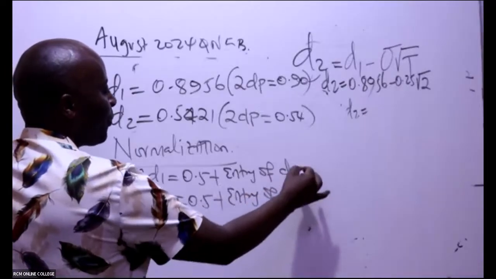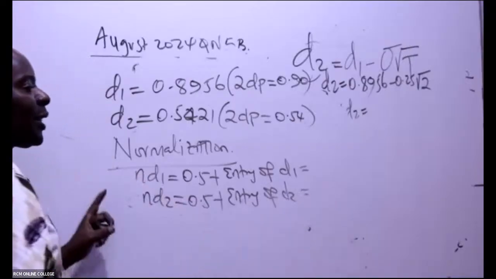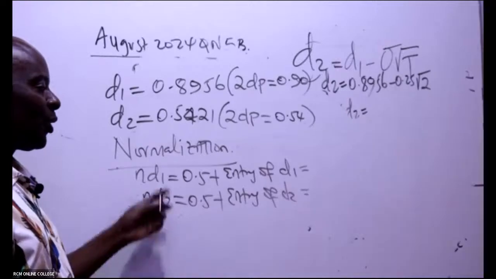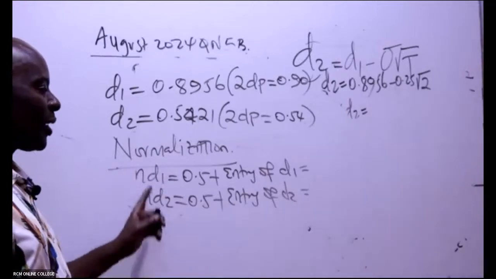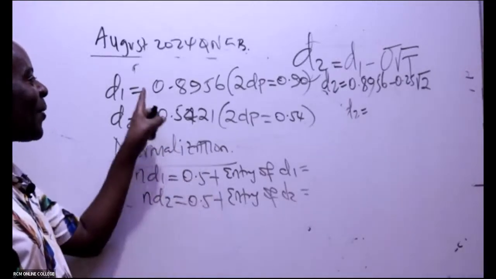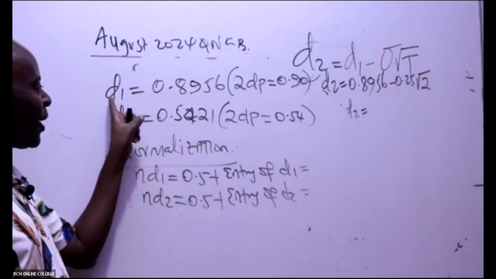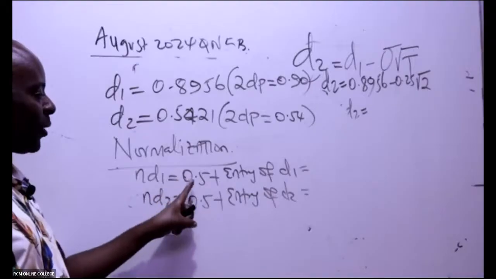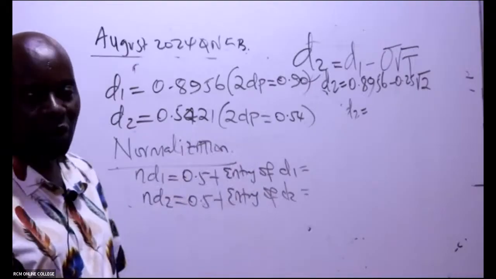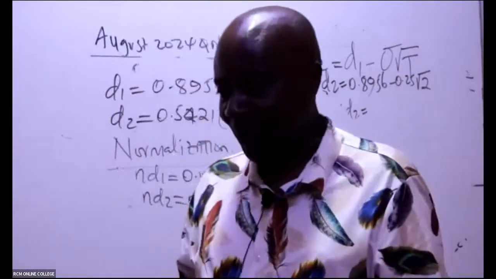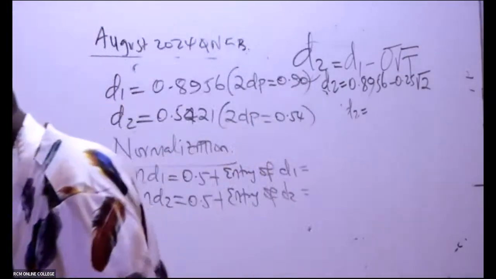If you're using a calculator, it's quite fast. Why am I saying plus? Because the figures are positive. If any figure was negative, assuming D1 was negative, then I would have said 0.5 minus the entry of D1. Our figures here are positive.